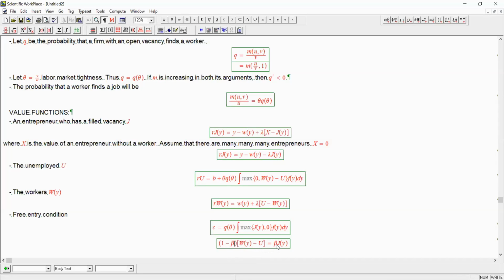If you set beta equal to 1, this is 0, and so that means that the firm gets nothing. If you set beta equal to 0, then this is 0, and that means that the worker gets nothing. Their value of getting this job is the same as if they were unemployed. And for different values of beta, you can get anything in between.